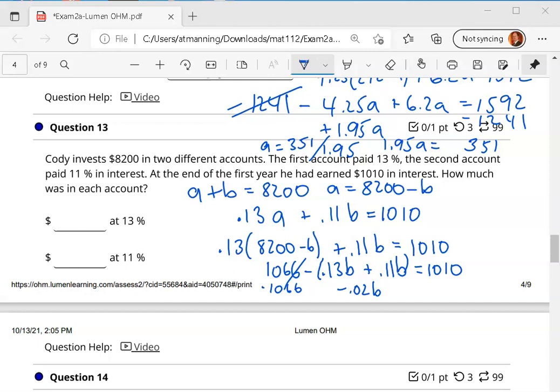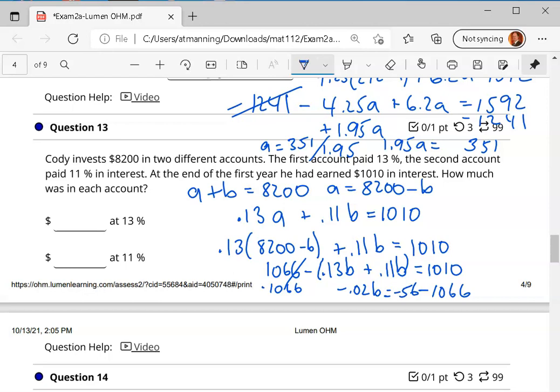And we subtract 1066 from this side. So that goes to 0. Minus 0.02b equals, well, what's this difference? That is 1010 minus 1010 and minus another 56, or it becomes minus 56.